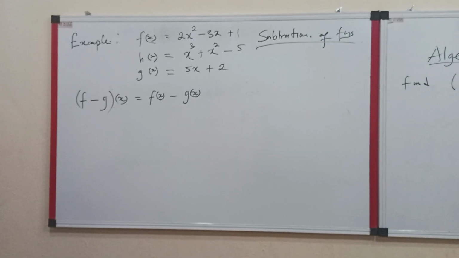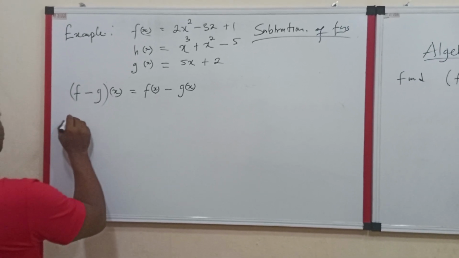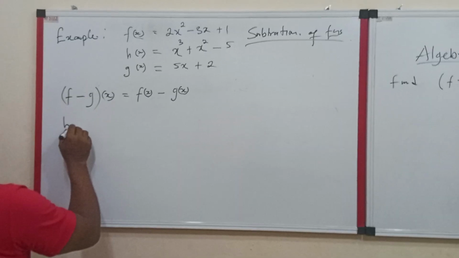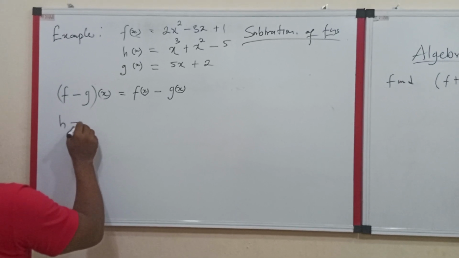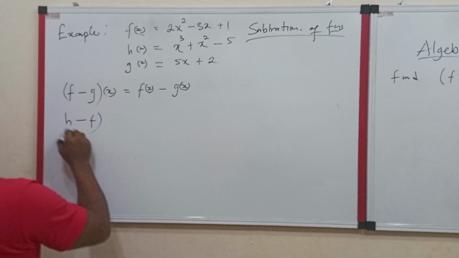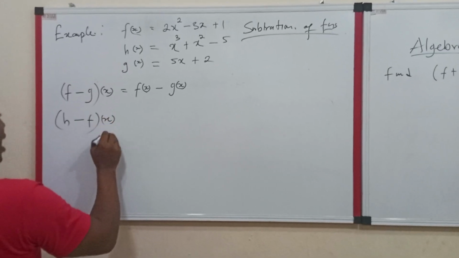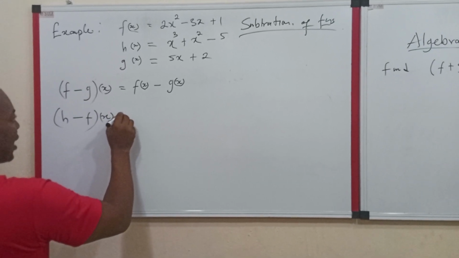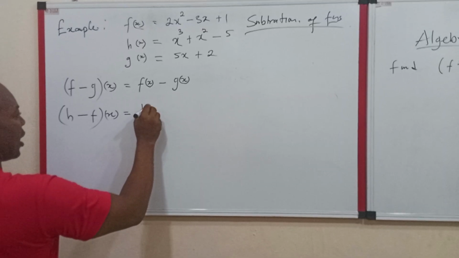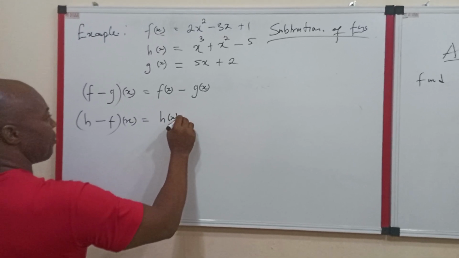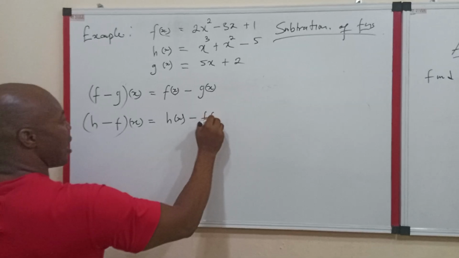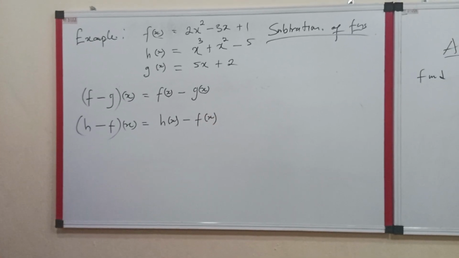That's the meaning. If we have h minus f, all of x, it implies this is equal to h of x minus f of x.